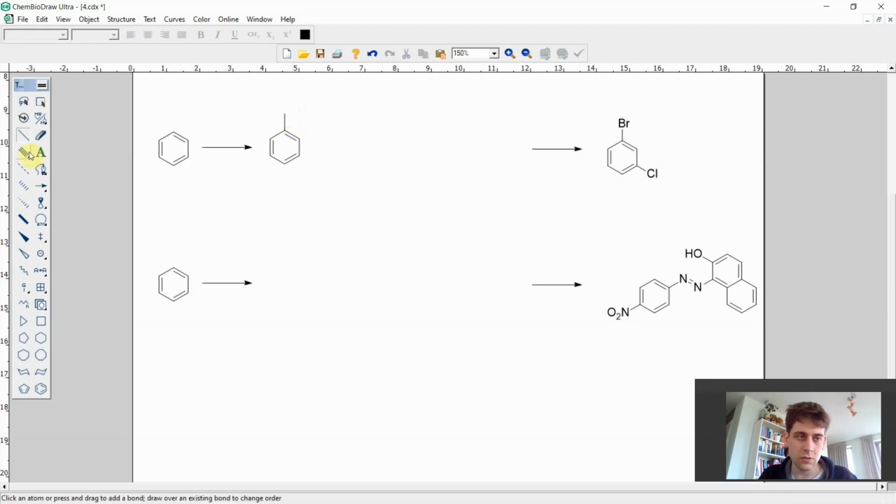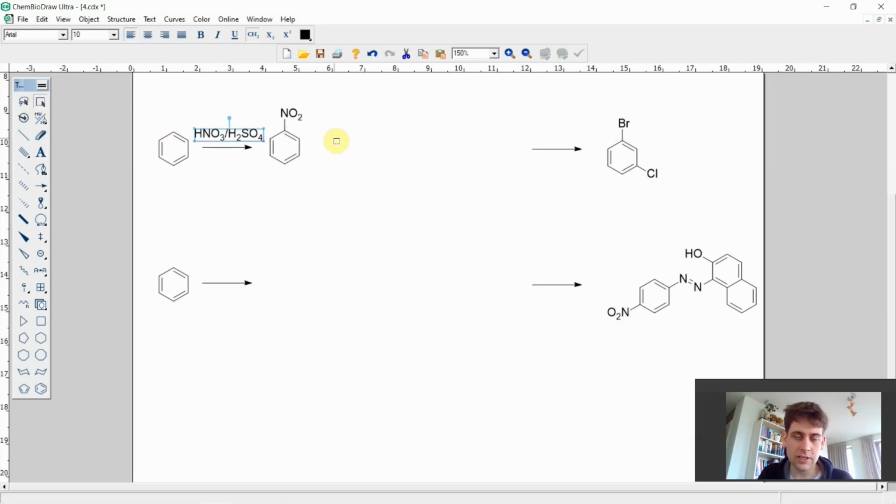So we are first producing our nitro substituted product here. And how do we do this? Again, the answer is this nitration reagent, so nitric acid with sulfuric acid. And that is our first step.